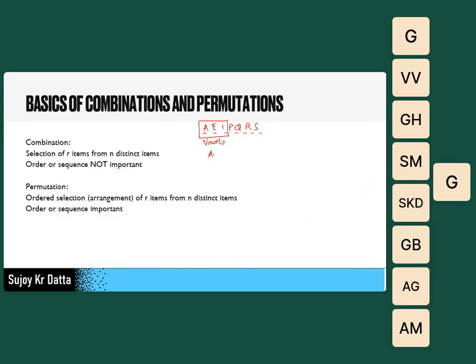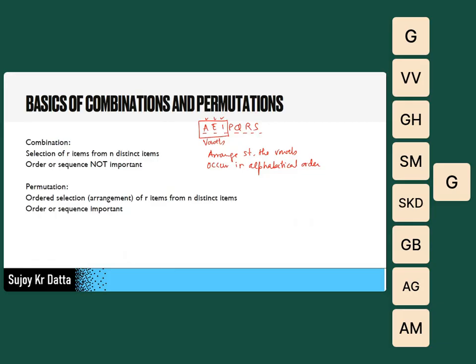I am saying that you arrange them such that the vowels occur in alphabetical order, meaning they can occur anywhere in the series, 7 places. They need not be together or anything, but whenever they occur, they have to occur as A, E, I only. So we have basically constrained the arrangement of A, E, and I.